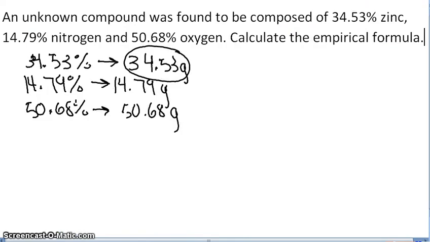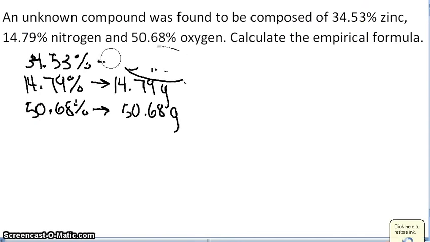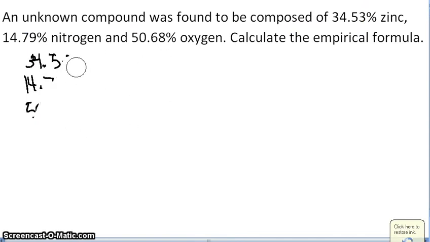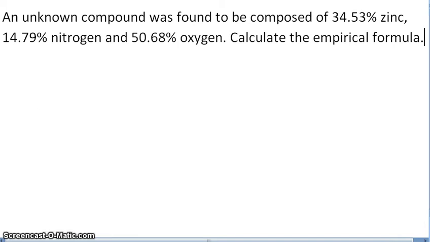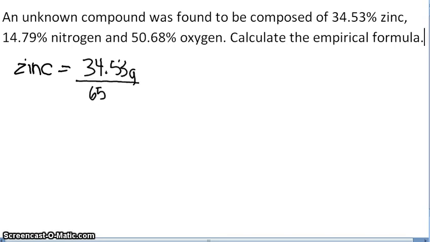So for zinc, 34.53 grams divided by 65.38 grams per mole, which gives you 0.5281 moles of zinc.